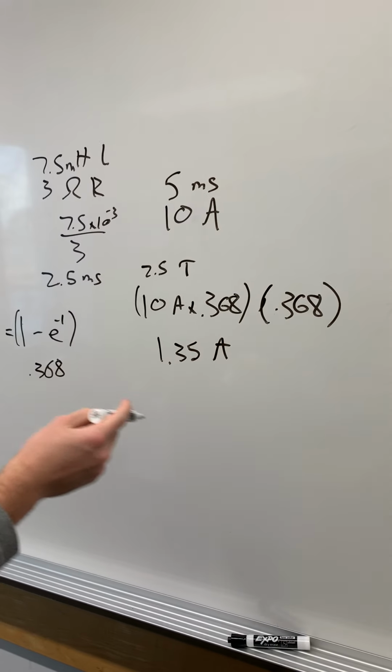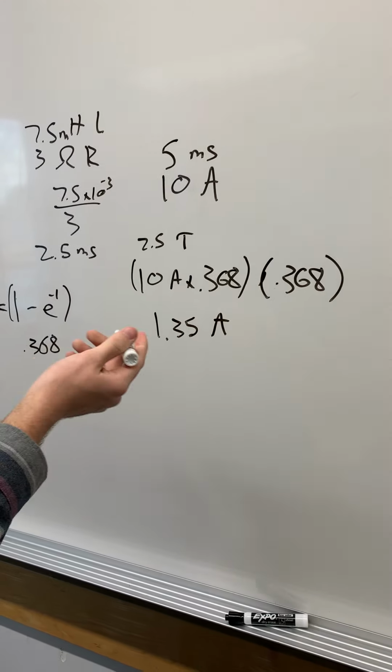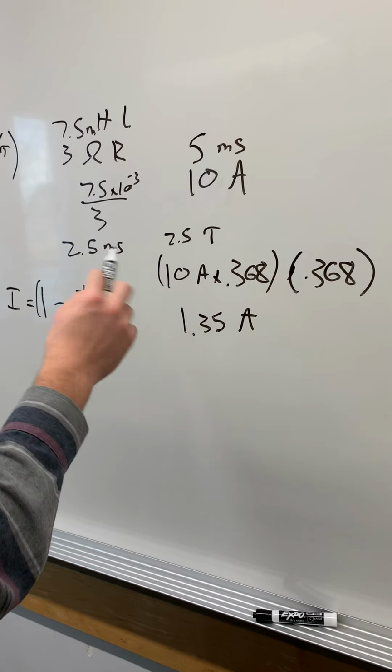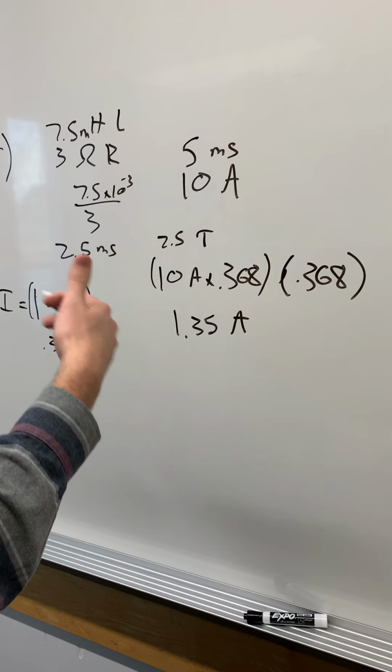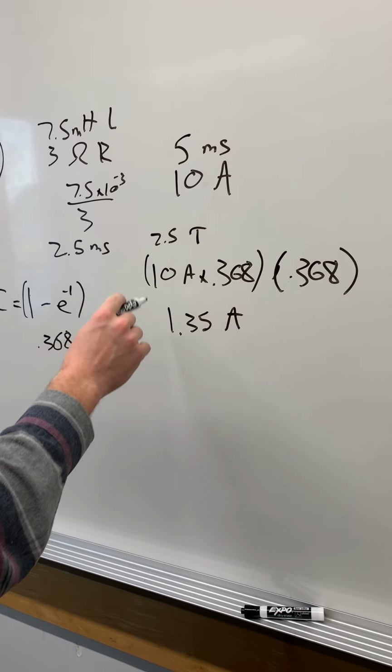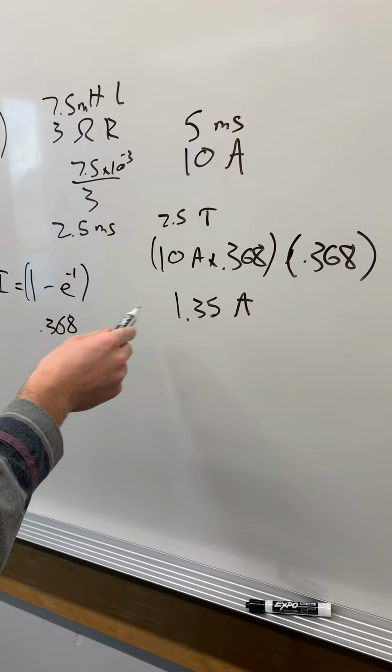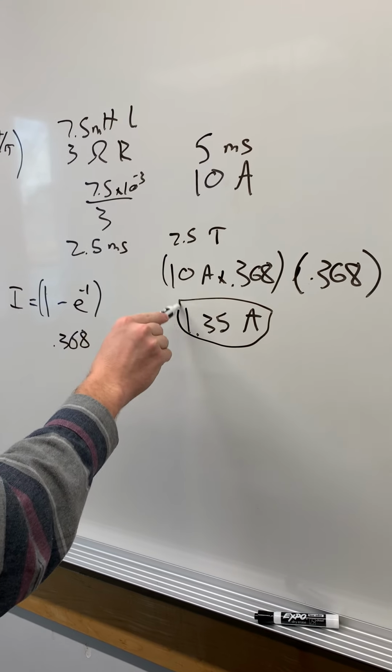1.35 amps, which tells us that an inductor, unlike a capacitor, doesn't switch off immediately. After the switch is turned off, it still takes a certain amount of time for that current to go down in value.